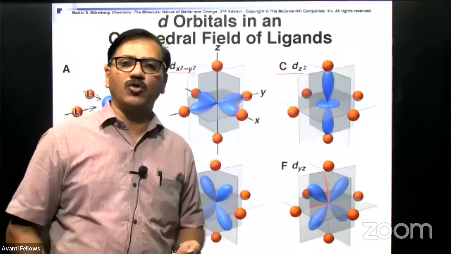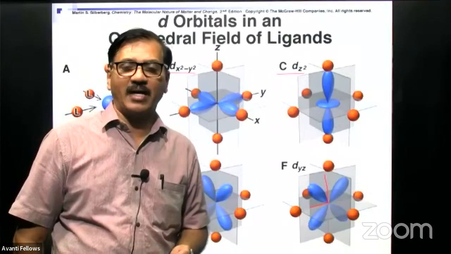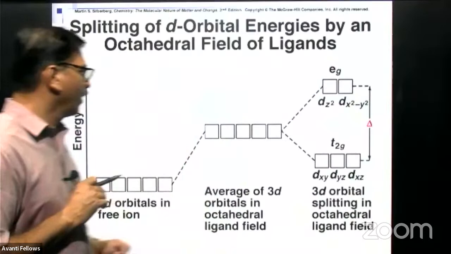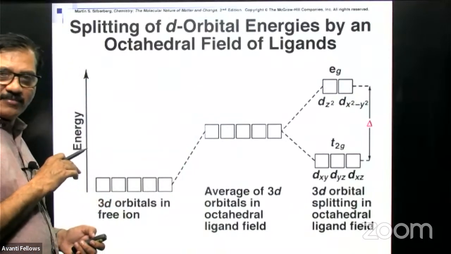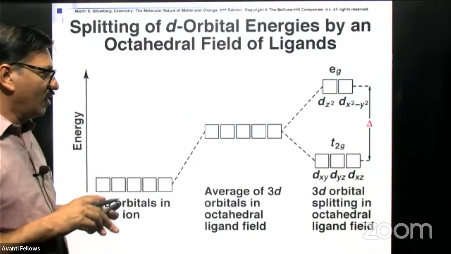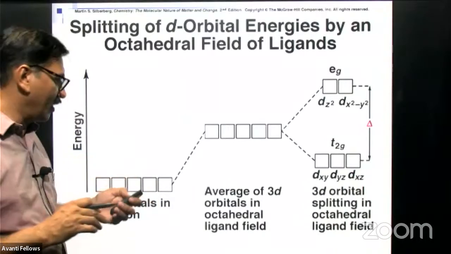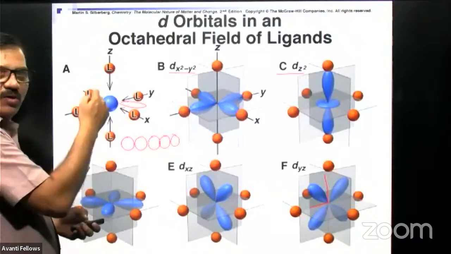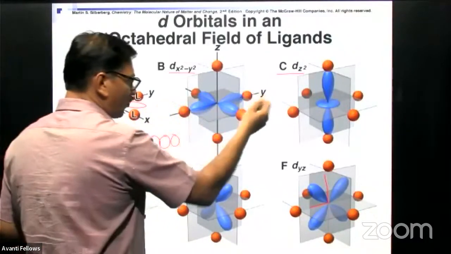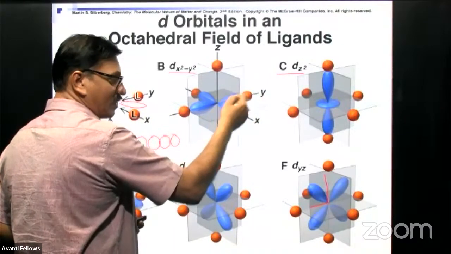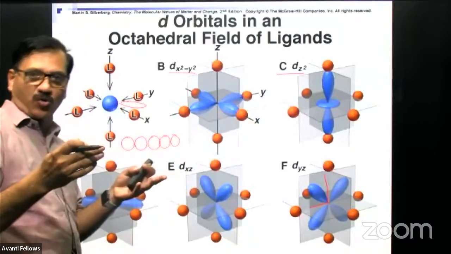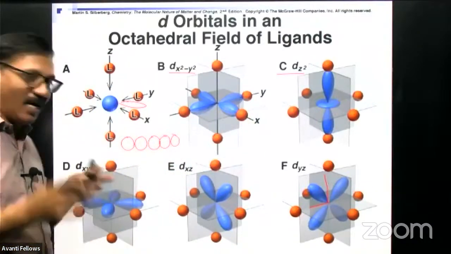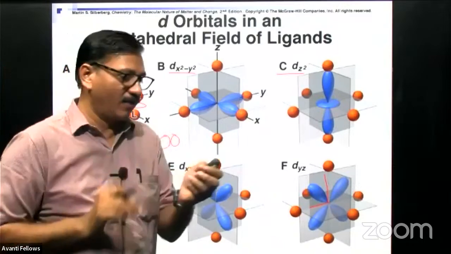This has something to do with the disturbance caused by the approach of ligands. If the ligands are approaching, there is a total disturbance. 6 ligands are approaching, and they have to approach through the axes only. So the electrons along the axes are disturbed more than those in between the axes, which are a little safe.